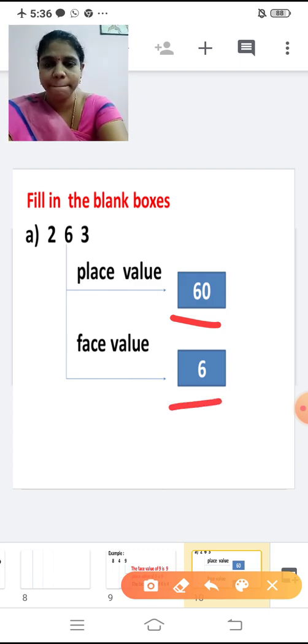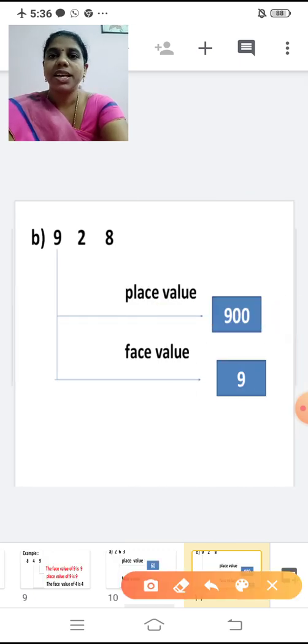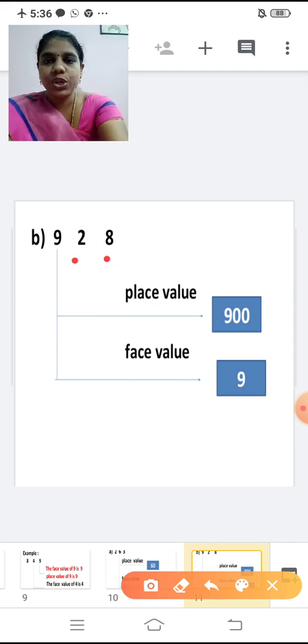Shall we move on to the next sum? Yes. 9, 2, 8. 8 it is in the ones place, 2 in the tens place, and 9 it is in hundreds place. Now we are going to find out the place value and face value of the digit 9. 9 it is in which place?